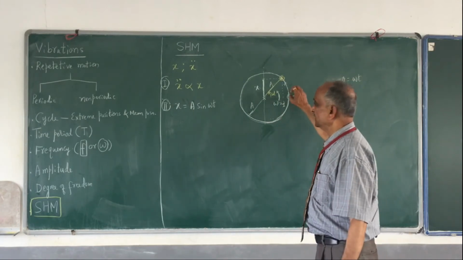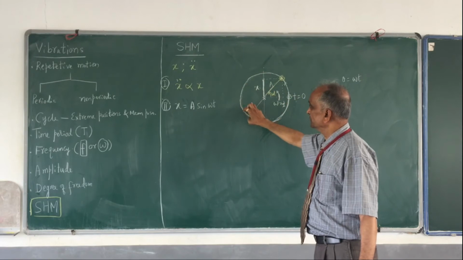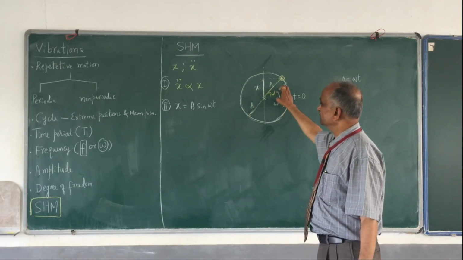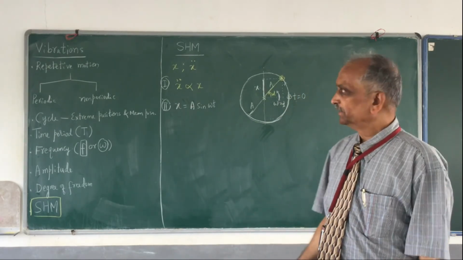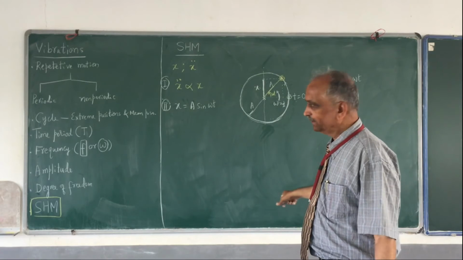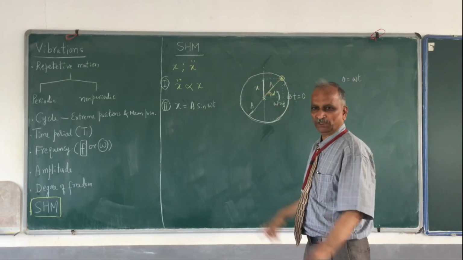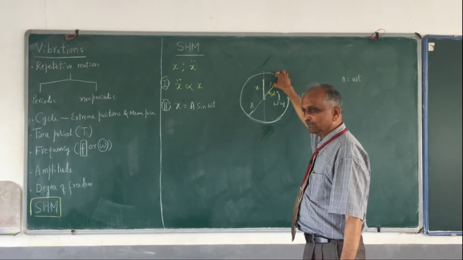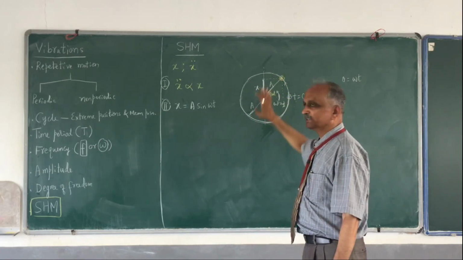Now let me come back. Imagine a particle traveling along the circumference of a circle of radius A at a constant angular velocity omega. Then the projection of the particle on the vertical diameter indicates the displacement.